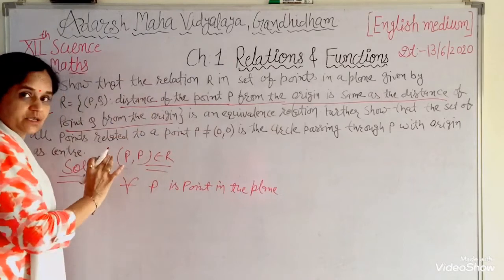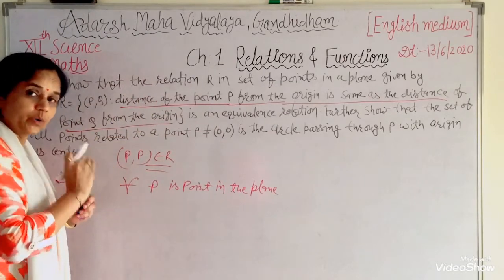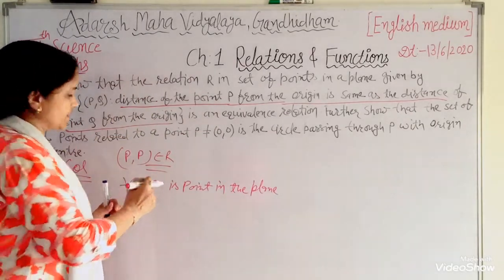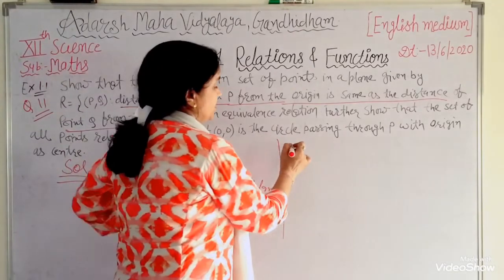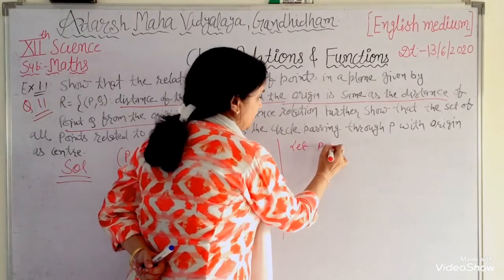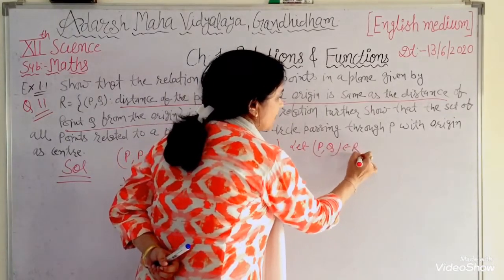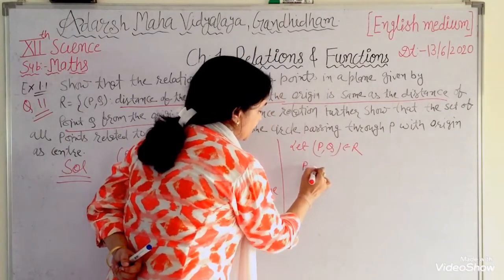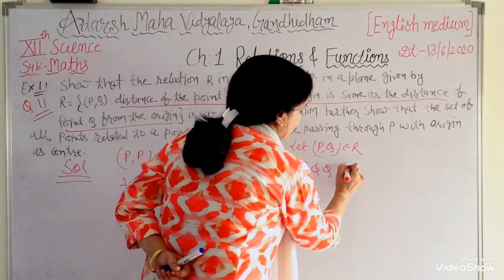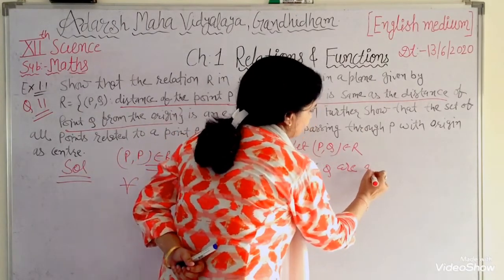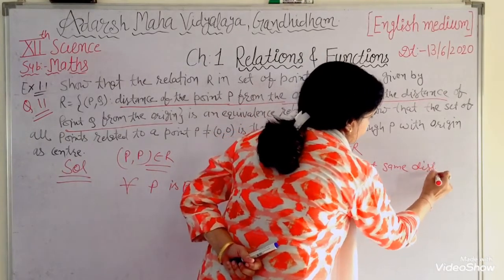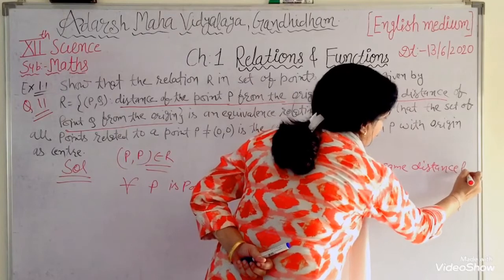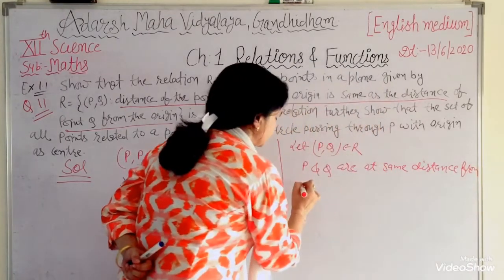Okay, since distance from the origin is the same, student, so (P, P) belongs to R. For symmetric, let (P, Q) belong to R. It means P and Q are at the same distance from the origin.